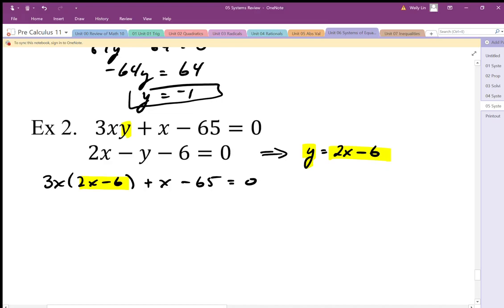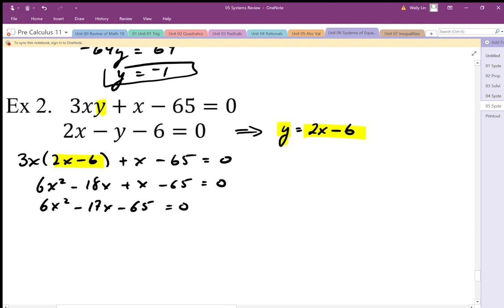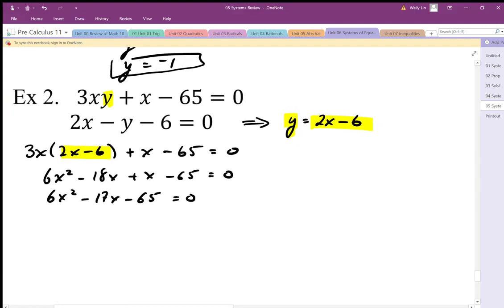Okay, so this generates then a quadratic equation. So then I have to solve this quadratic equation. So I have 6x squared minus 17x minus 65 equals 0. I can check to see if this is factorable, but I suspect it's probably not factorable.